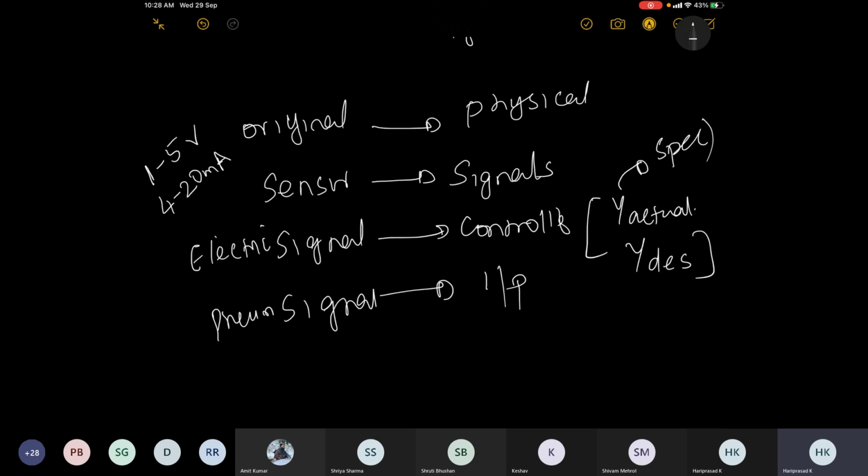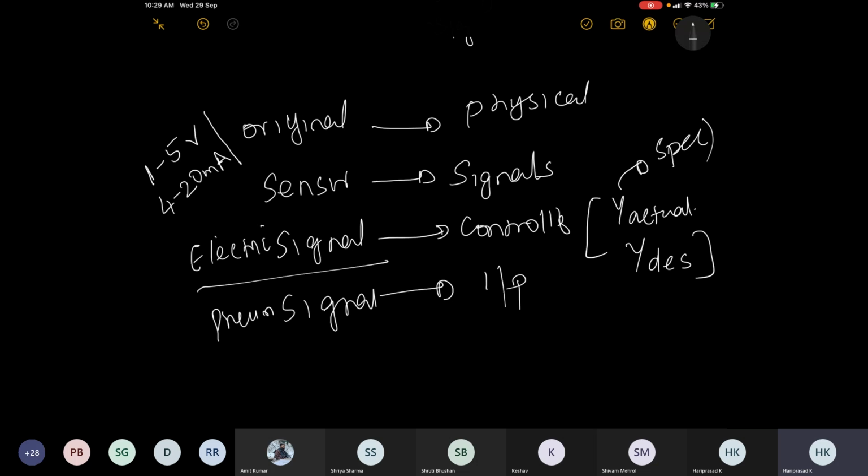And you don't have control when you go into the market, and the vendor would say this is the specification. So if you don't want 1 to 5 volt, you will have to look for something else. So these are the two specifications, one in terms of voltage and one in terms of current. So you have to buy your sensor suitably, and these are all electrical signals up till here.